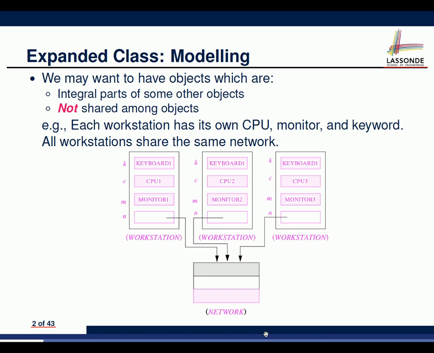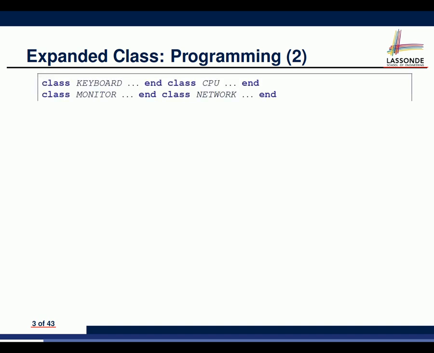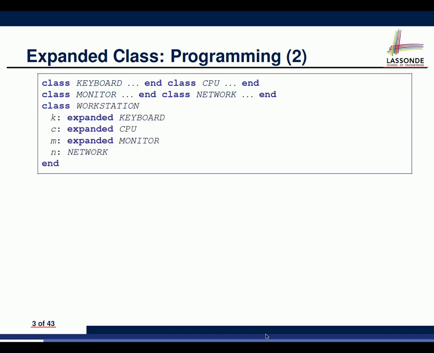Very easy. Basically, you just have to learn a new keyword. And there are 2 ways for you to program this picture. Very straightforward. The first way is, let's say we just define regular reference classes: keyboard, CPU, monitor, and network. At this point, you cannot tell the difference between the classes. They're simply reference classes. However, when we declare the workstation class, here comes the difference.